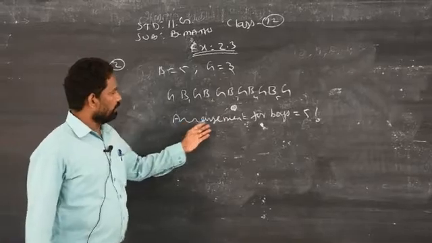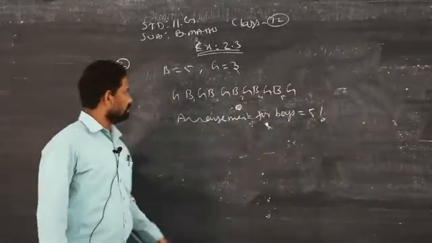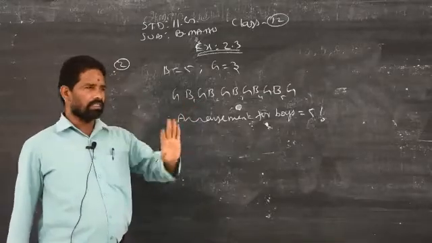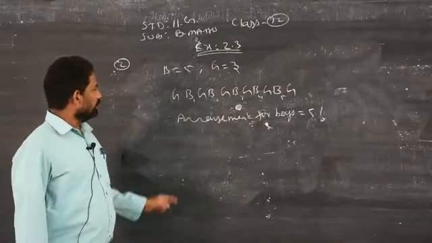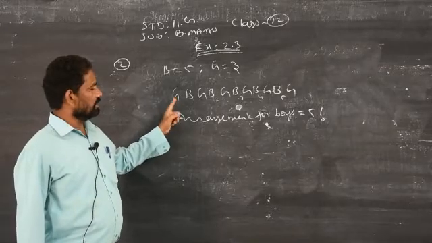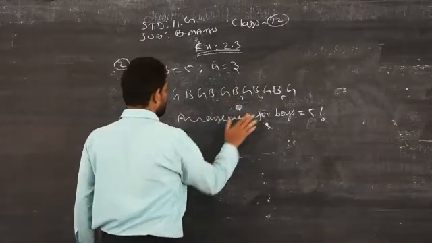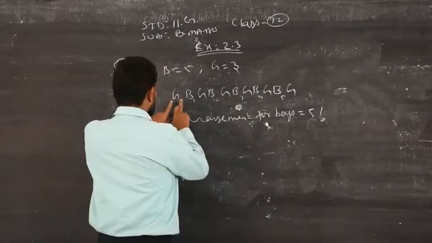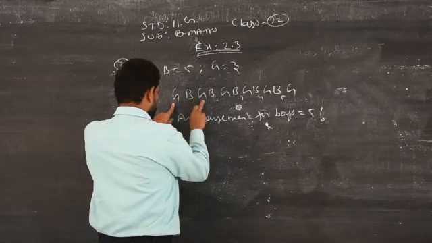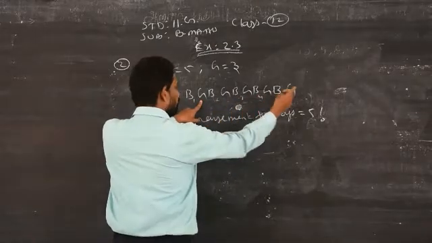So the arrangement for the boys is 5 factorial. You know how to get 5 factorial because each boy has the same chances, therefore 5 factorial. Now the girls. The condition is given very clearly: girls do not sit together, which means the girls can occupy the alternative places. So you see, girls can occupy here, between the boys, between 3 and 4 and 4 and 5, and the last.